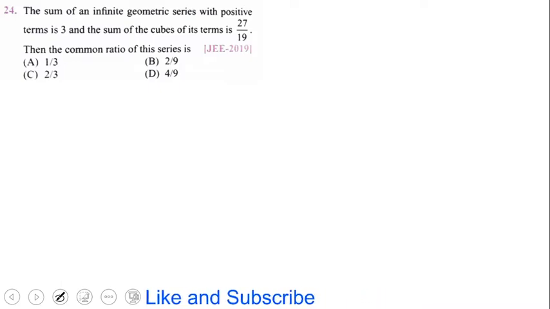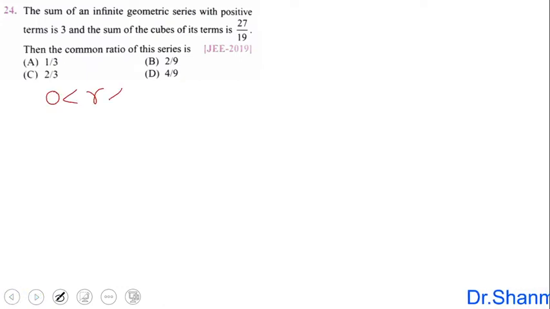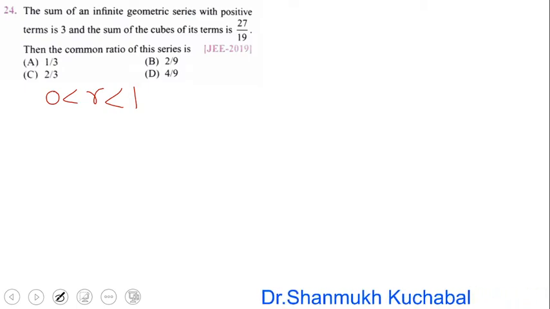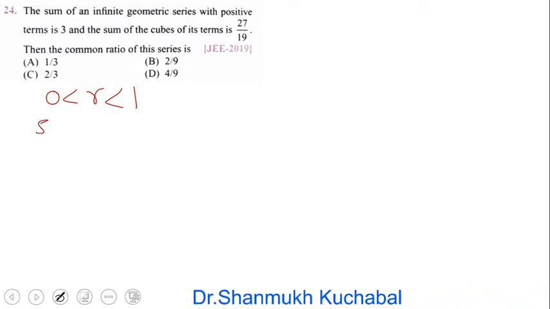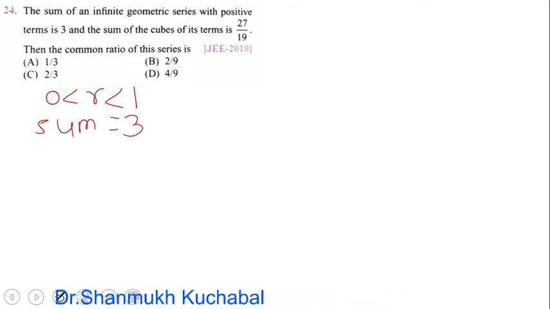So here it is positive terms, therefore the value of r will be in between 0 and 1 here. R is greater than 0 and less than 1. Also, given information, sum is equal to 3 here.